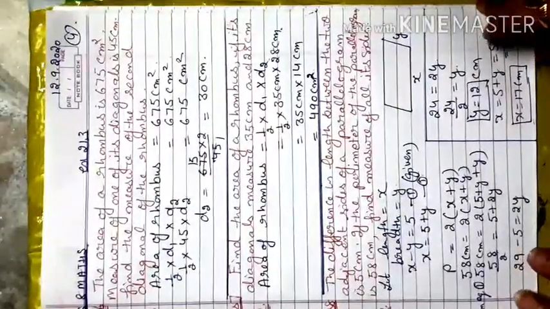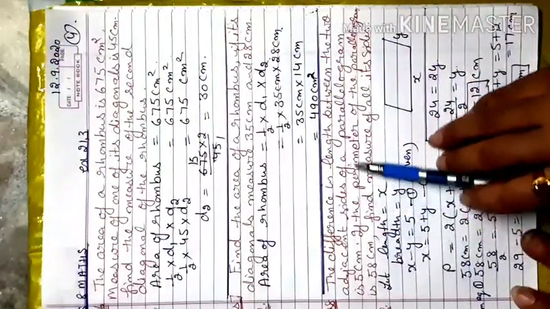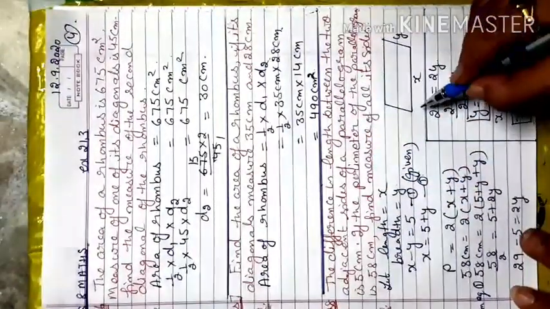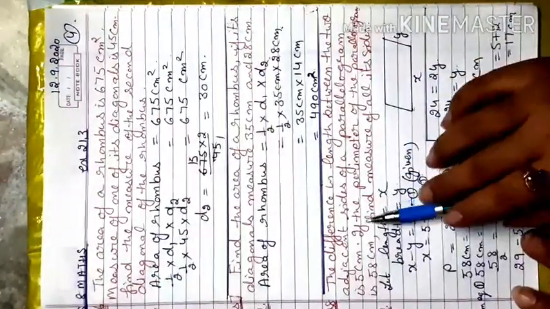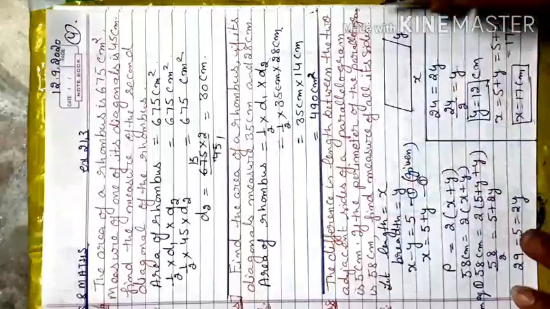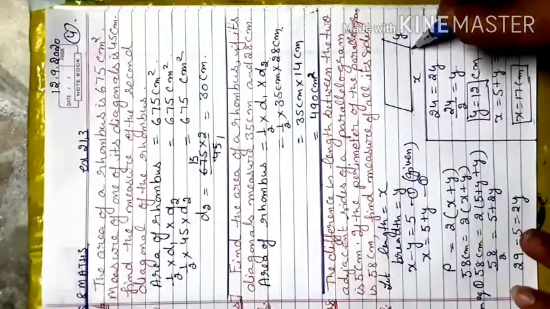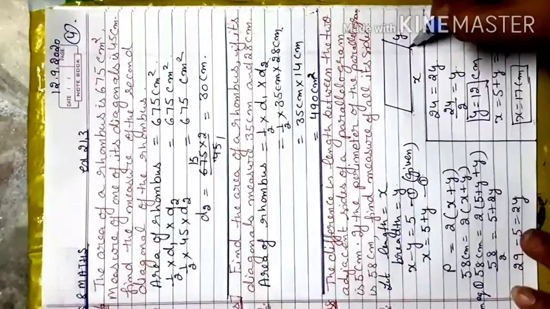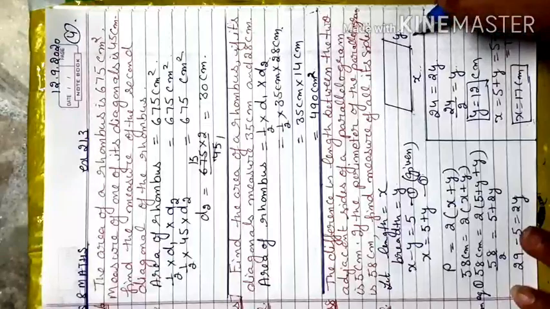Now in your last question, you are given the difference of the lengths of two adjacent sides of a parallelogram. Adjacent sides means sides connected with a common vertex. Suppose this side we consider as x and this side we consider as y. According to your question, the difference of these two sides is given as 5.